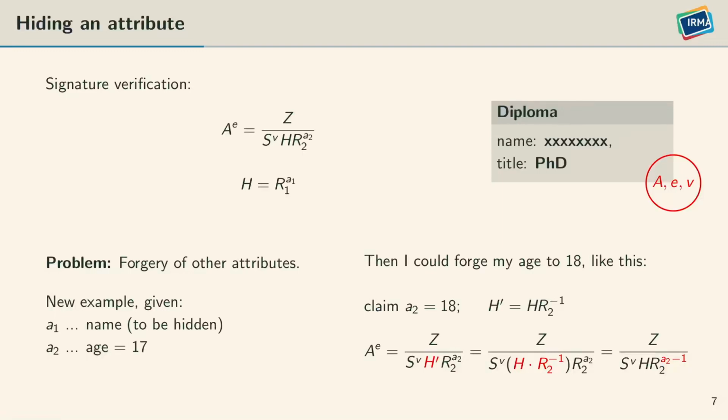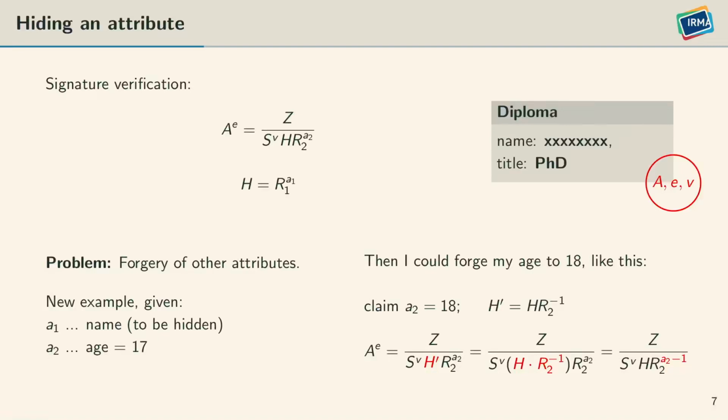The verifier checks if the equation holds using the wrong number, but he can't differentiate it from a usual age, which makes the equation still hold, because h prime is the same as h times R2 to the power of -1, and if you rewrite it, you eventually get R2 to the power of A2 - 1, and our A2 was chosen as 18, minus 1 is 17, which holds in the equation because this was actually issued.